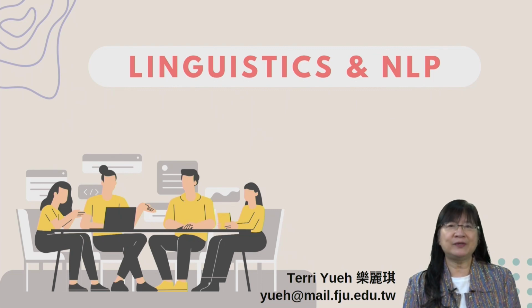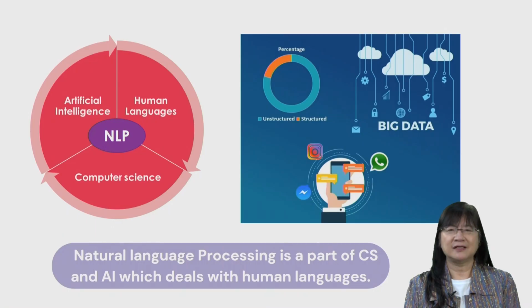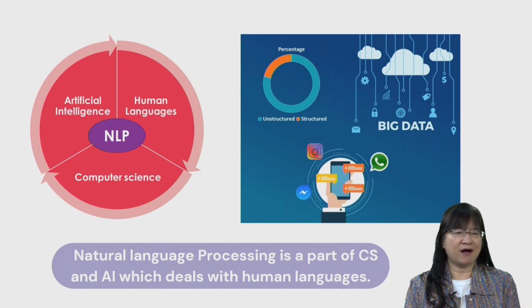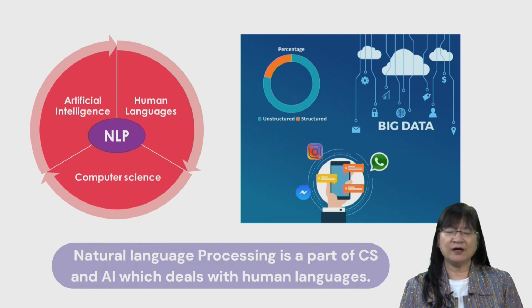Do you remember NLP? Now you know that natural language processing is a part of computer science and artificial intelligence that deals with human language. Actually, in our daily life, most of the language we use is unstructured, and just some of it is structured.